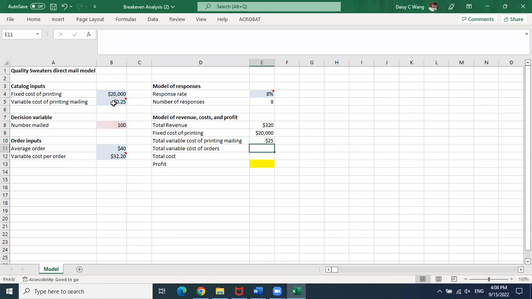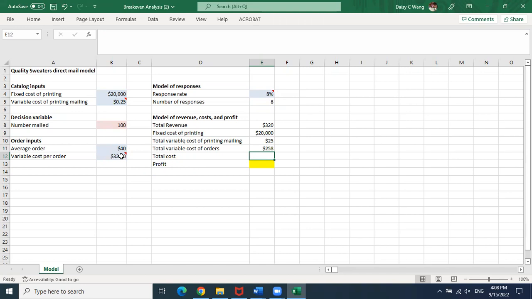Then the total variable cost of orders, the cost for the sweater: these are how many orders we are going to get, and for each order the average cost is about $32.20. That includes 80% of the order, so we have 20% profit, plus 20 cents for the return envelope.